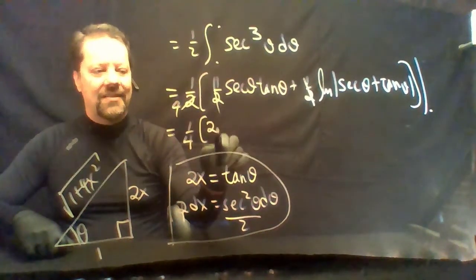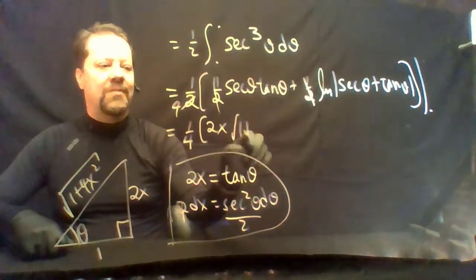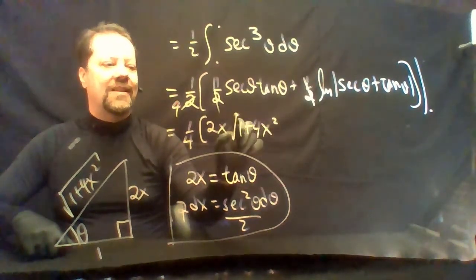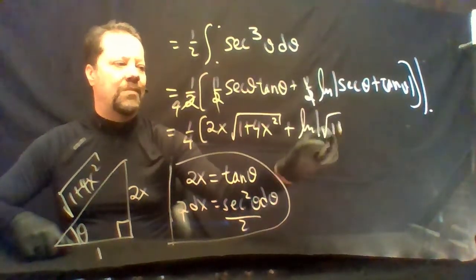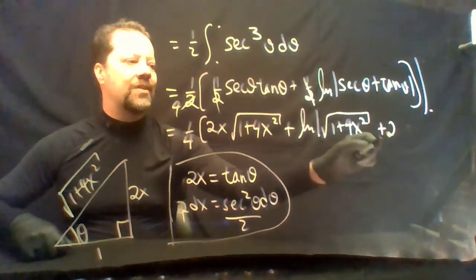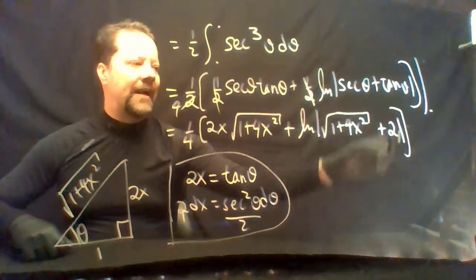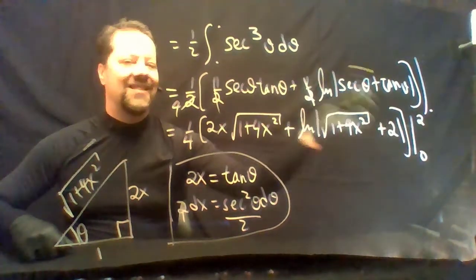Tangent is 2x. Secant is hypotenuse over adjacent, so that's the square root of 1 plus 4x squared, plus the log of your secant, square root of 1 plus 4x squared, plus 2x, close bracket, evaluated now from 0 to 2.